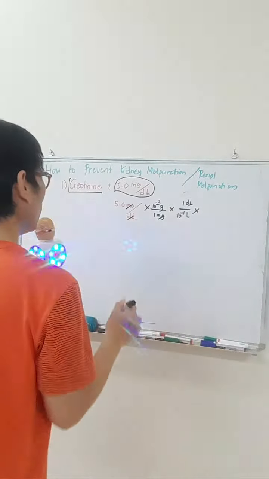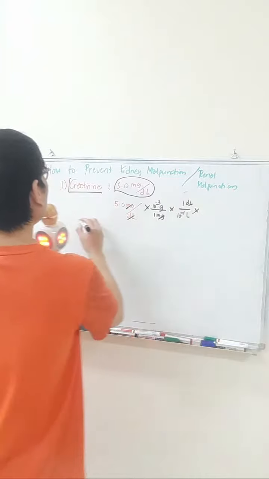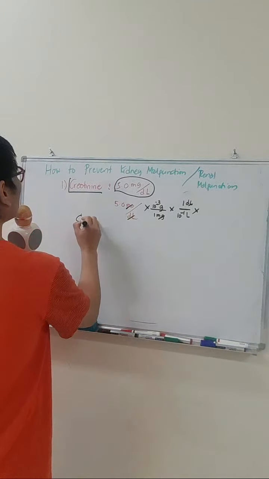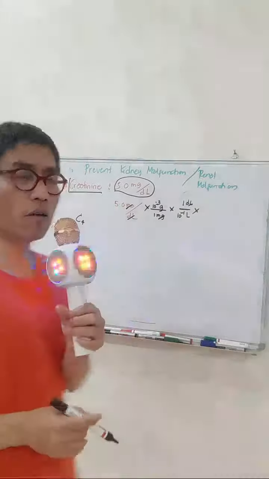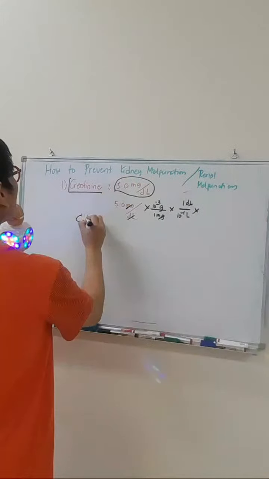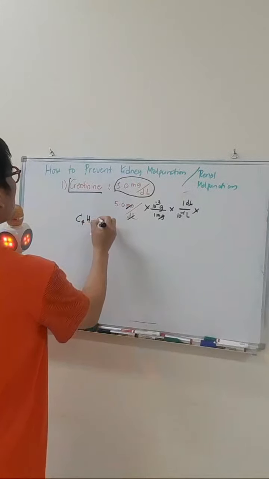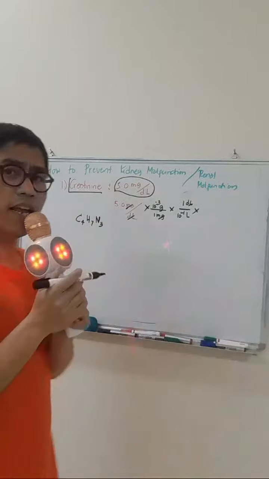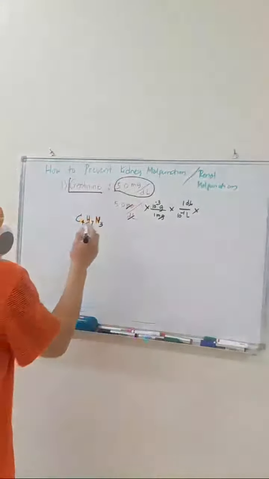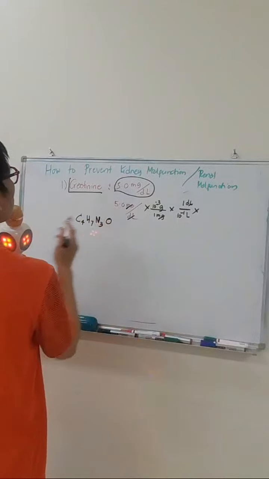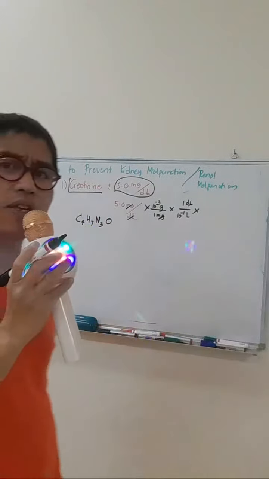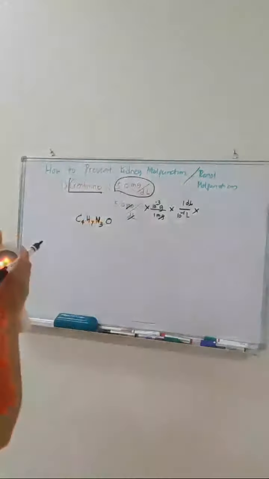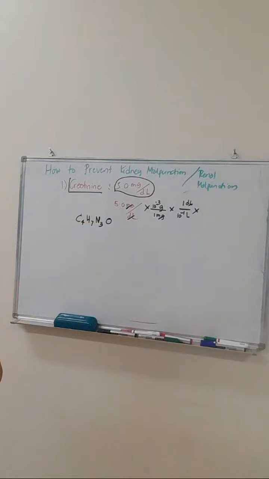So we have the formula of creatinine, C4H7N3O: 4 atoms of carbon, 7 atoms of hydrogen, 3 atoms of nitrogen, and 1 oxygen.